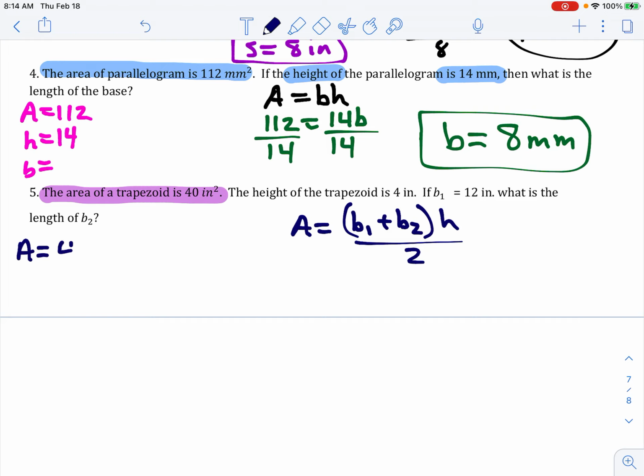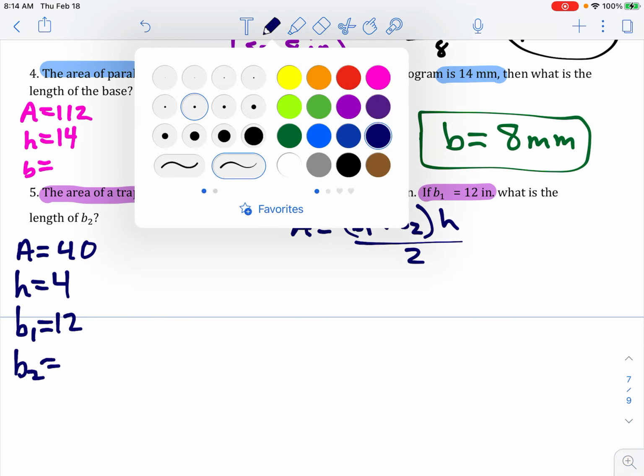So far, it told us that capital A is 40. Next, it tells us the height is 4, so we know H is 4. It also tells us that B1 is 12, so we know B1. It wants us to find B2.